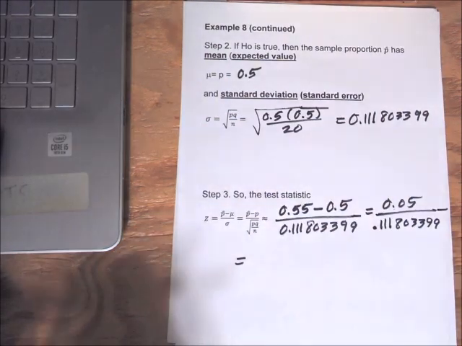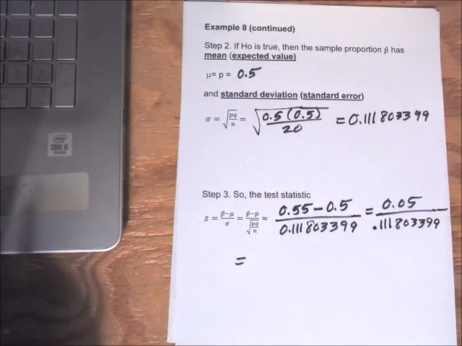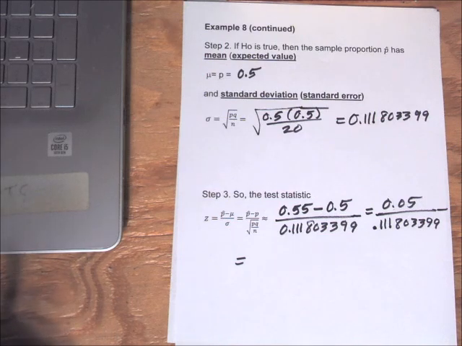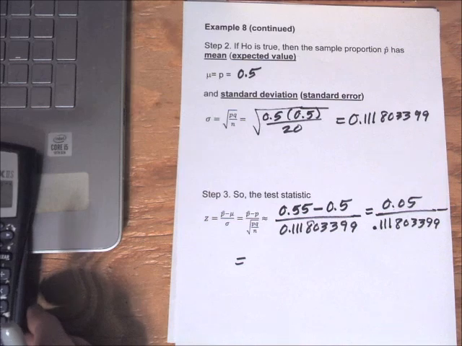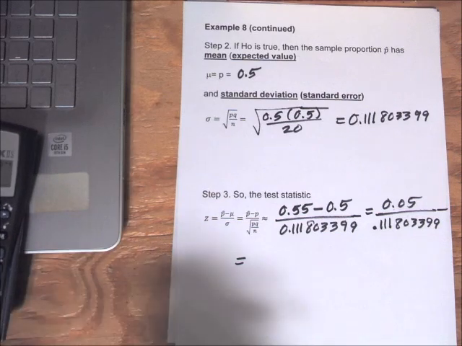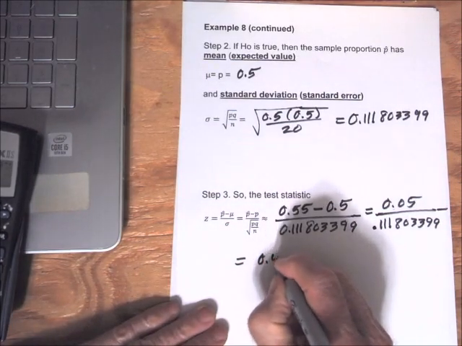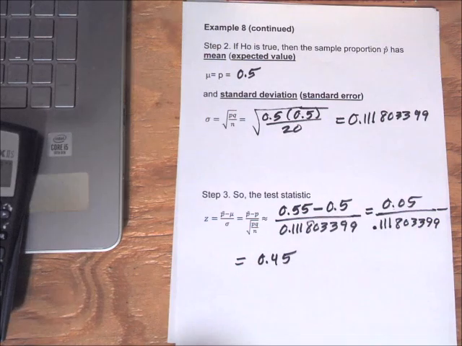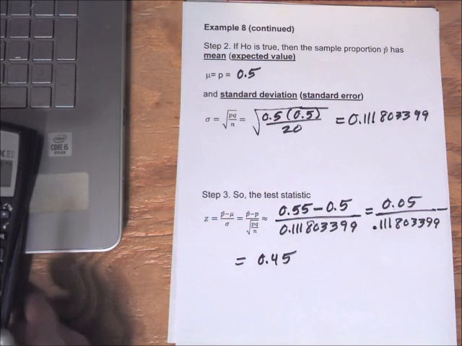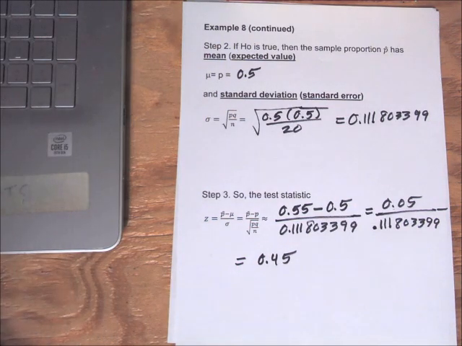I put this in memory so I don't have to retype that. So divided by second recall equals, and approximately 0.45. Okay, so our test statistic is 0.45.